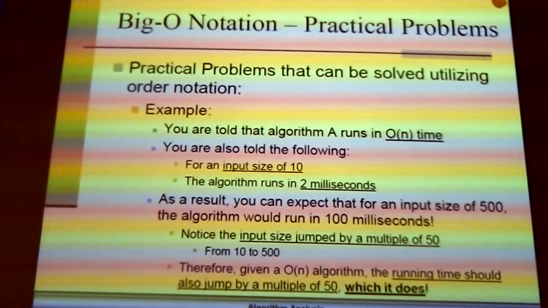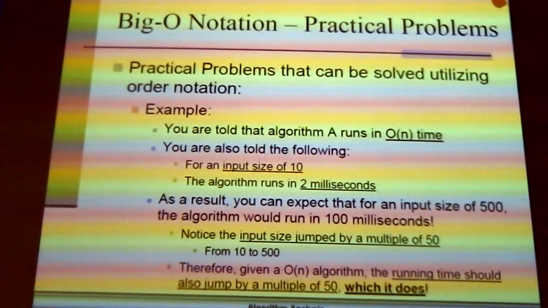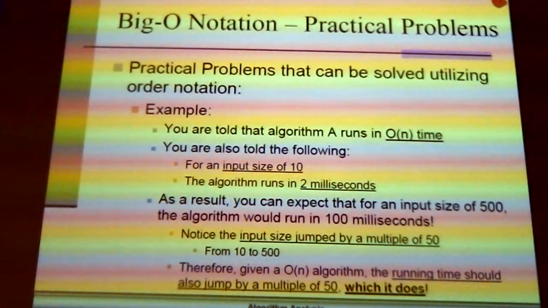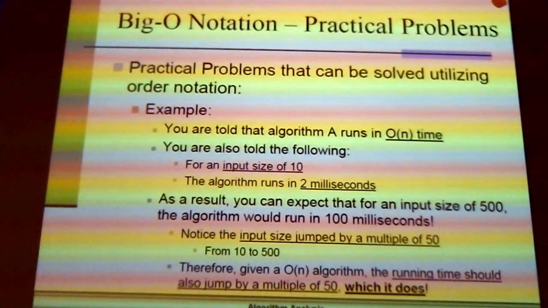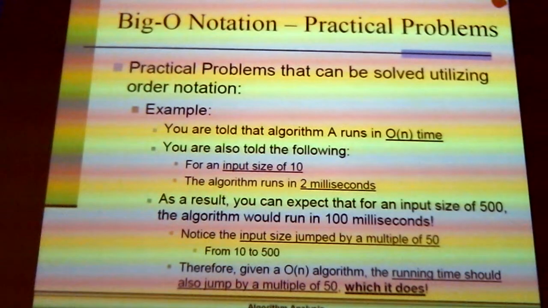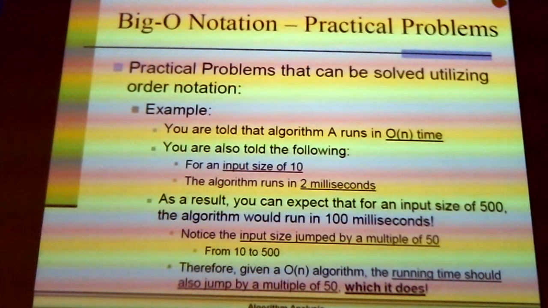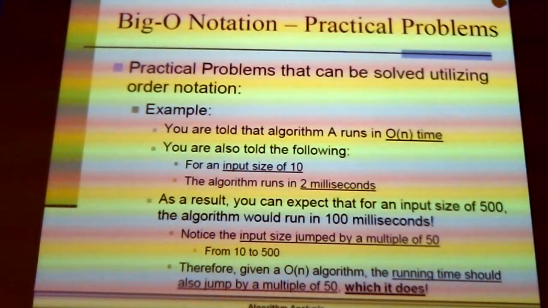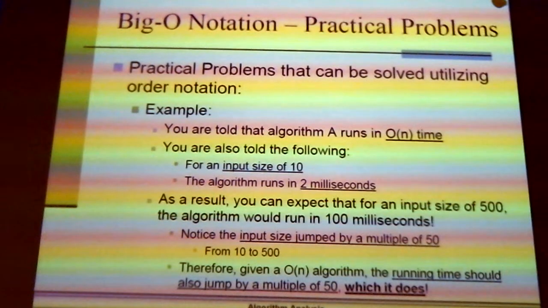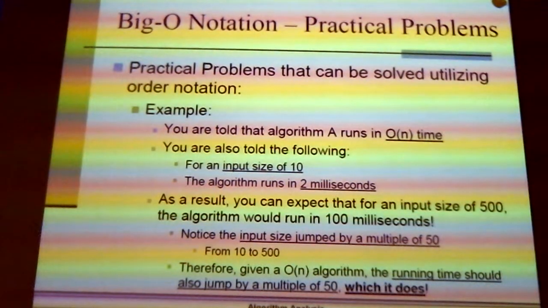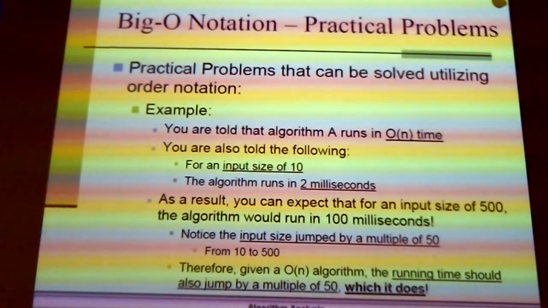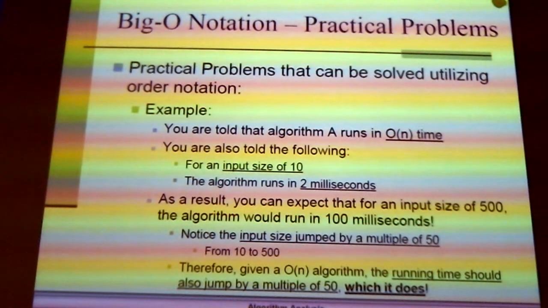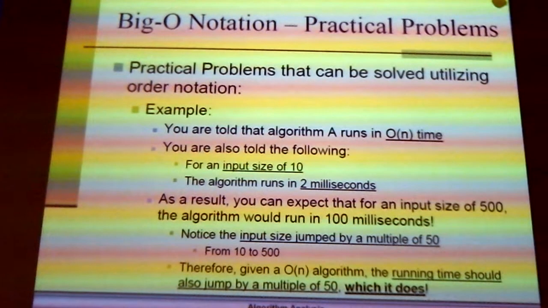Our input size is 10, and for an input size of 10, it takes 2 milliseconds to run. With that information, if you're given an input size of 500, then we could make the calculation and come up with that 500 would actually run in 100 milliseconds, right? Because we can just do the math.